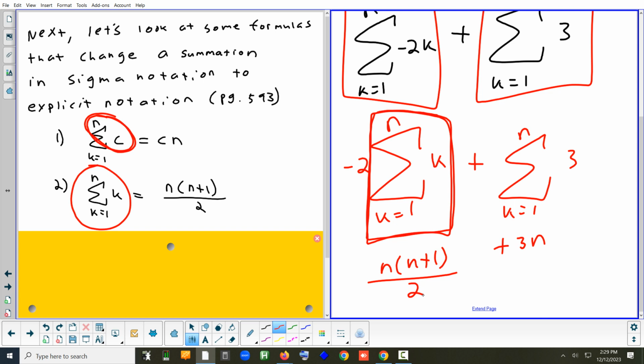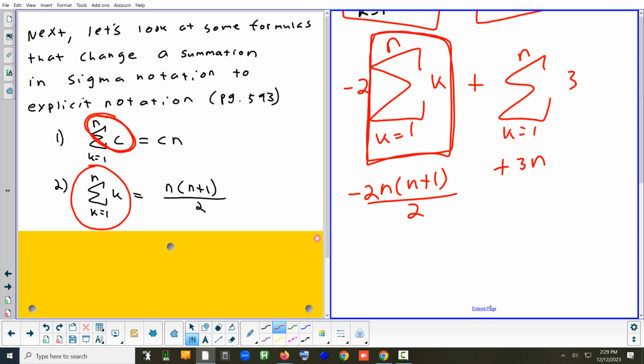Don't forget about the negative 2. That's still in front. Now, you have a 2 in the top and a 2 in the bottom. So what happens there? 2 cancels. Now you have negative n times n plus 1 plus 3n. And now you just combine like terms. What can you do with this negative n that's in front?